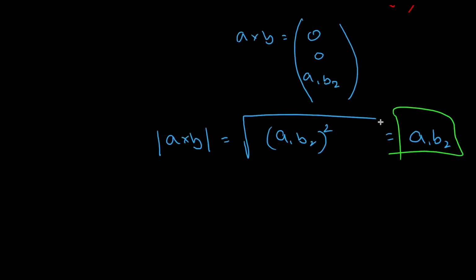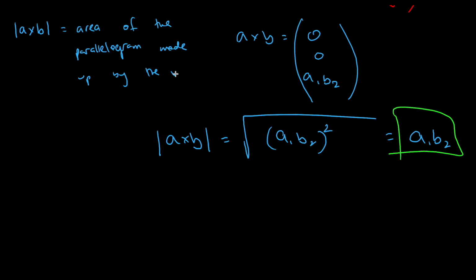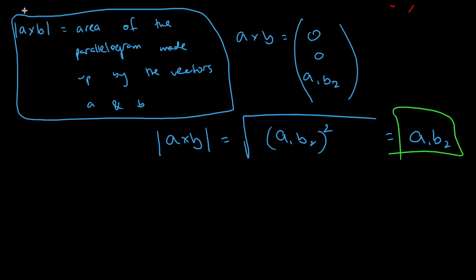So A1 B2 is simply the area of the parallelogram, which means the magnitude of the cross product of A and B is the area of the parallelogram made up by the vectors A and B.